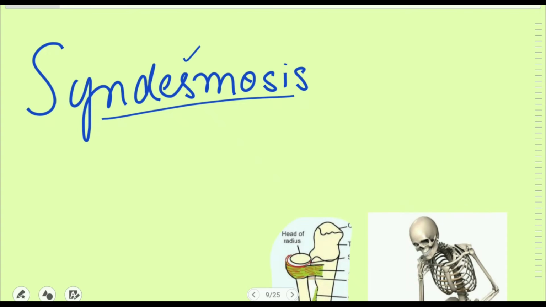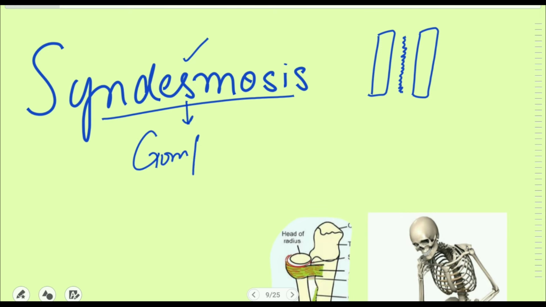Now the third category of the fibrous joint is the syndesmosis. Syndesmosis is a joint, so it will be contact between two bones. It's a fibrous joint and it's a non-cavitated joint, and two bones will be united by fibrous connective tissue. But the question is, how does it differ from gomphoses and sutures? The difference is the amount of the uniting medium.